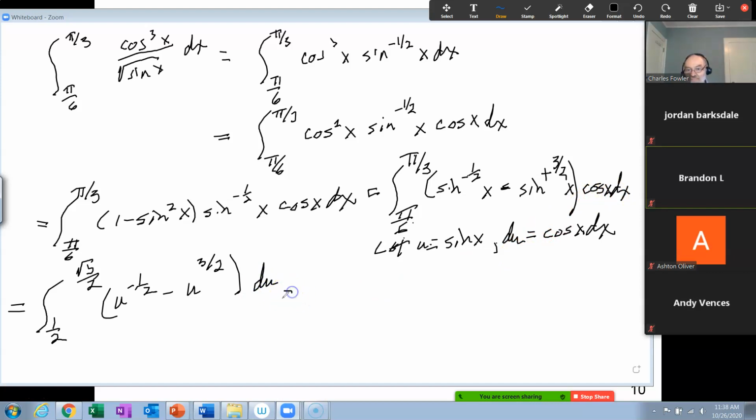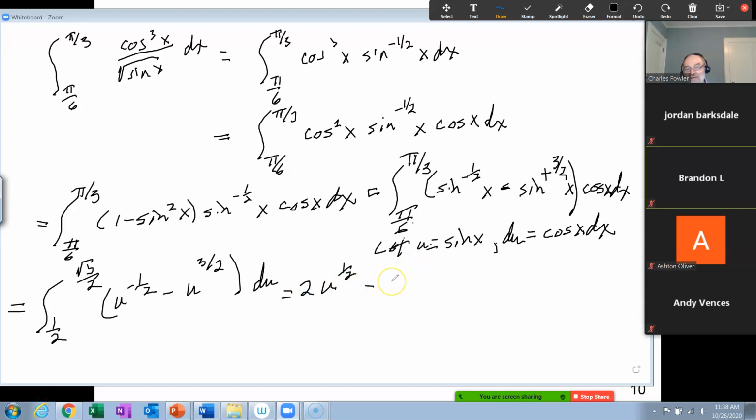All right. Now, again, a power rule. The antiderivative of u to the minus 1/2 is u to the 1/2. You increase this by 1. Minus 1/2 plus 2/2 is 1/2. And then divide by 1/2, which is the same as multiplying by 2.